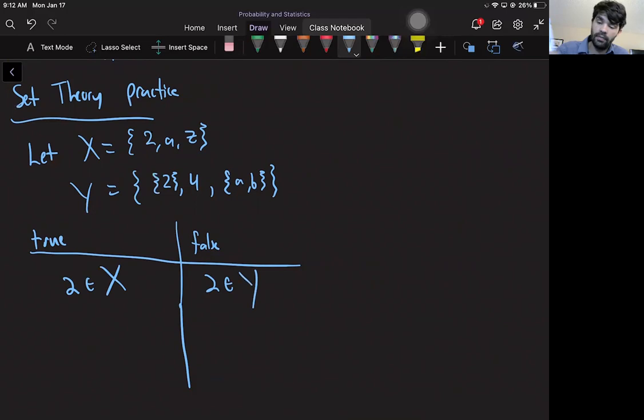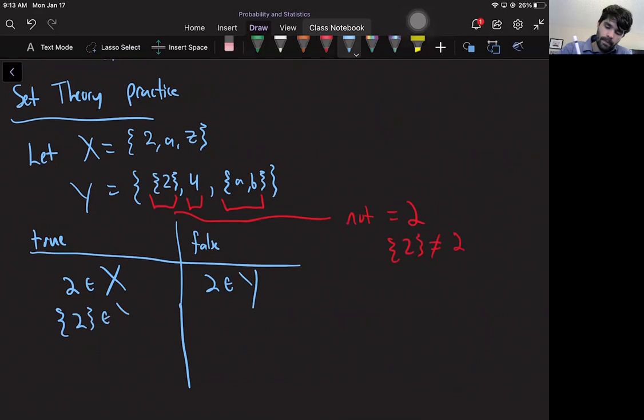So 2 is not in there because there's no just 2 as one of the 3 elements. This is not the same as 2. The set consisting of 2 is not the same thing as the number 2. So that would be false to write. It would be okay to write this. That's fine.